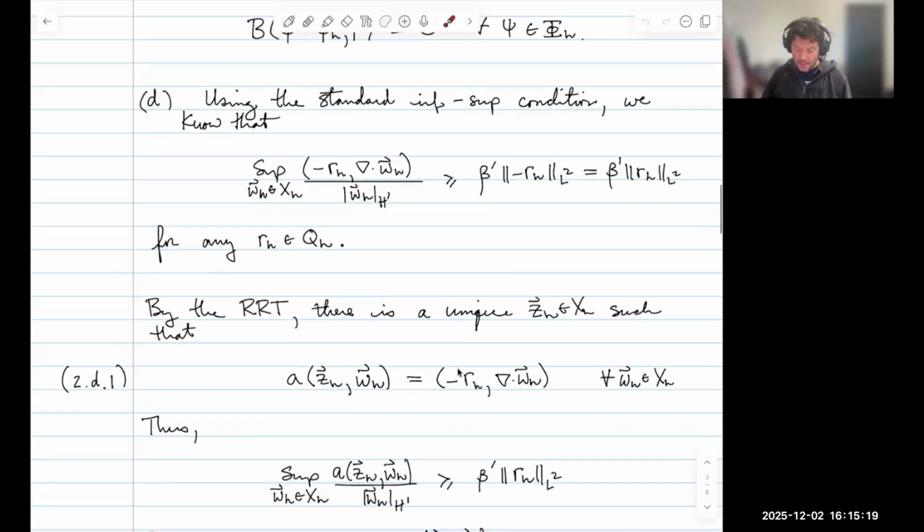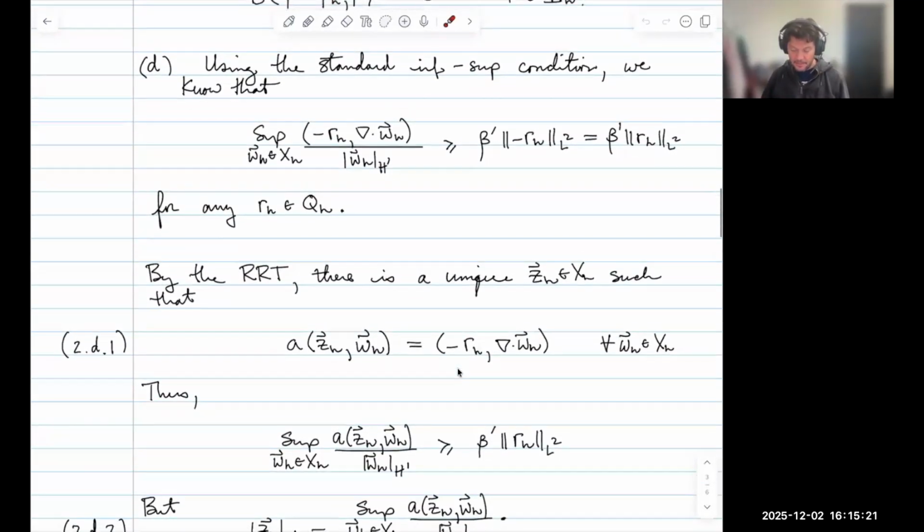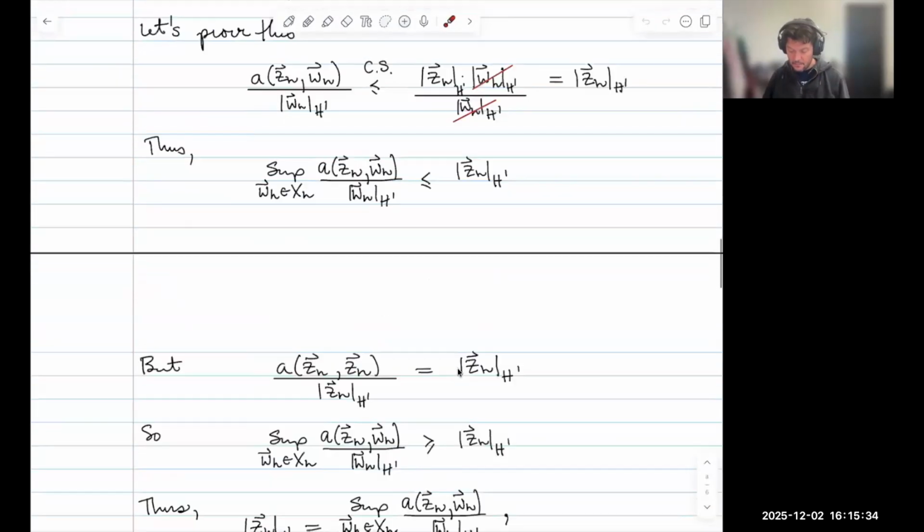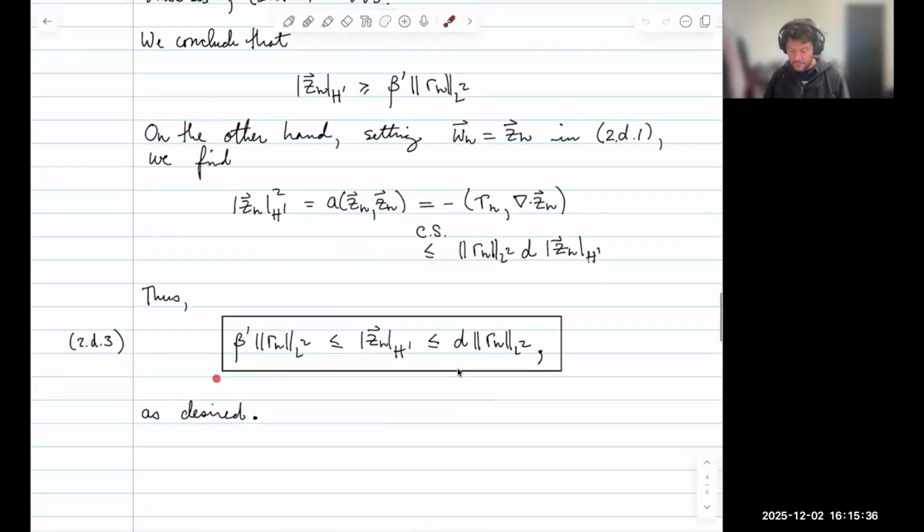Now I want to use the hint to prove part D. So in part D, what am I trying to show? I'm trying to show that there's some element ZH such that this holds.